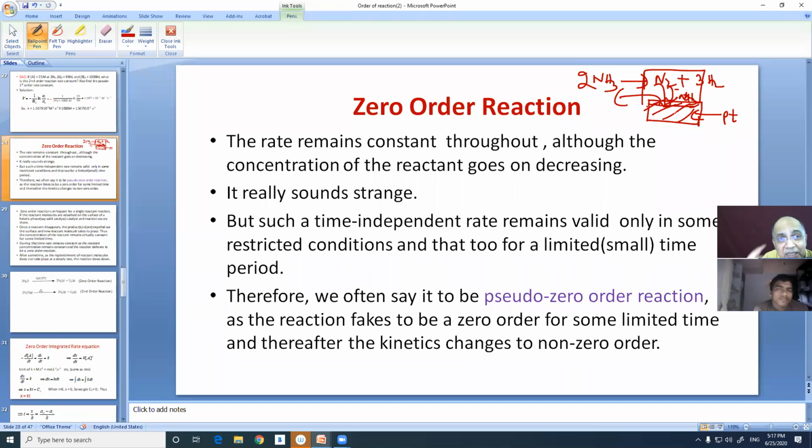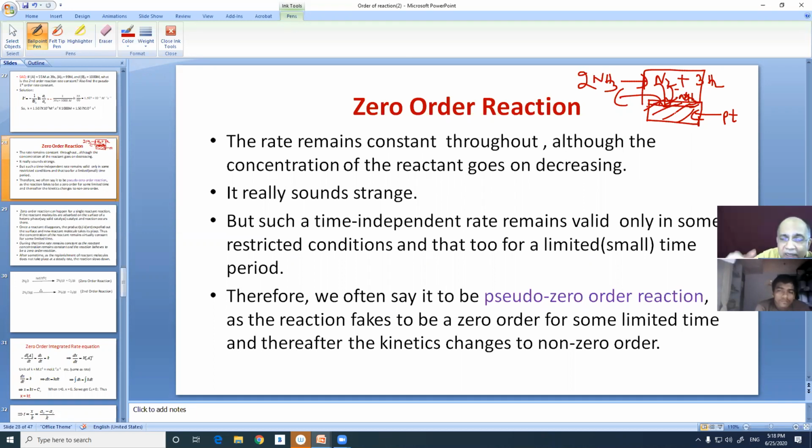But the question is, how did I then say that the concentration is decreasing? That is itself a dichotomy, a contradiction. Now for that, you have to visualize as if the replenishment is not occurring. You have to only look to what amount is left out. Forget about the replenishment or compensation from the gaseous phase to the solid phase.